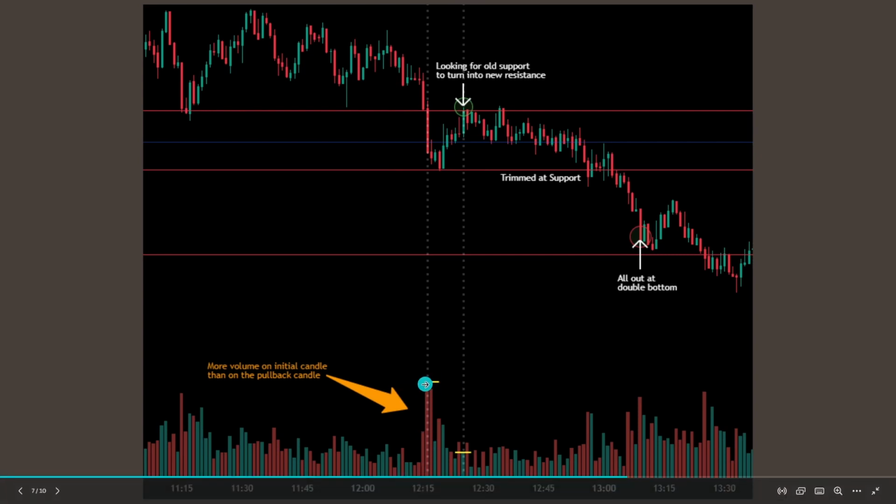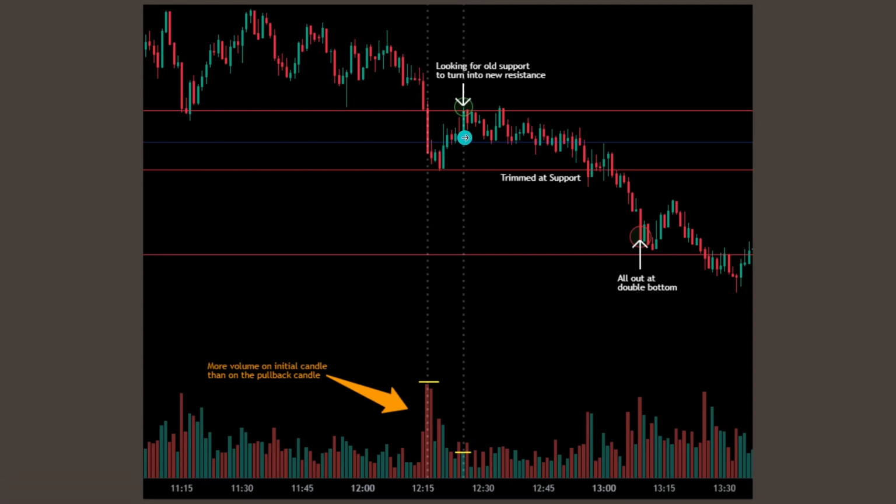We had more volume right here than on this green candle that went back up to that previous support and retested it as resistance. So what this logically means is we have more sellers below this support level. So logically, we are more likely to move down after retesting this level as a resistance.